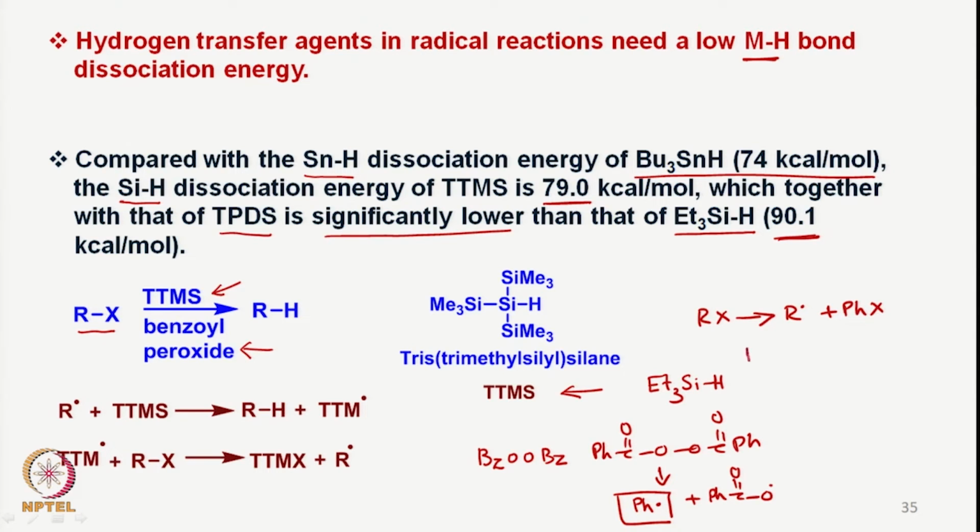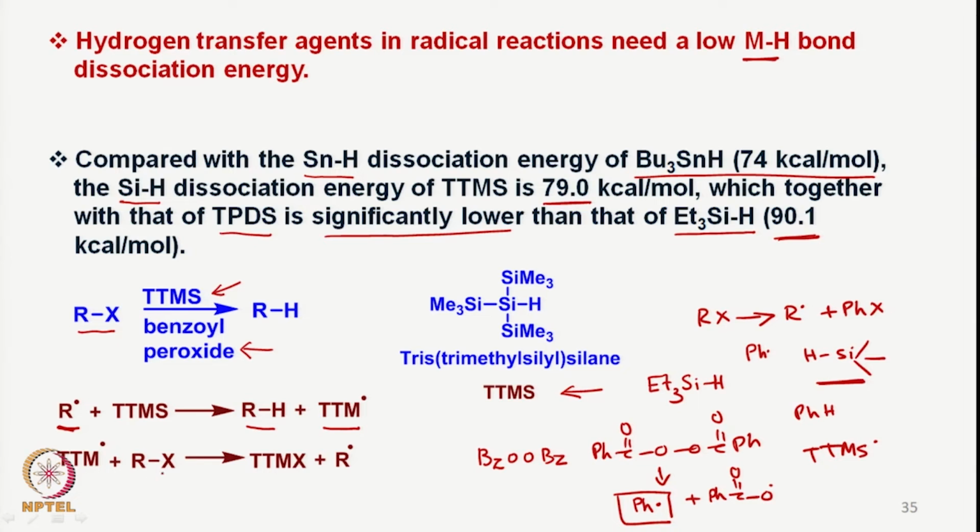The other possibility is that the Ph dot takes the hydrogen from the silicon of this TTMS and forms Ph-H and TTMS dot. Therefore, the TTMS dot can of course react with R-X to form R dot, and then the R dot will react with remaining TTMS to form R-H and TTMS radical.